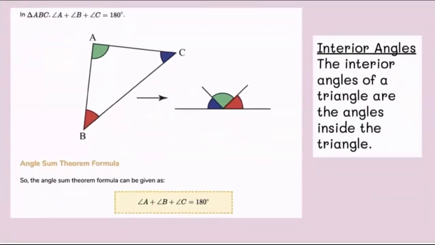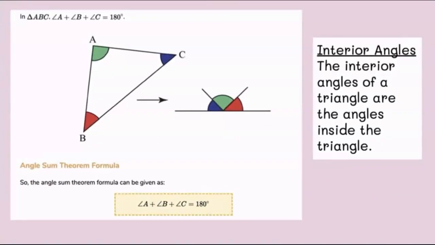So what is the triangle sum theorem? What does this all mean? The interior angles of a triangle are the angles inside the triangle. So these are angle A, the green angle B, the red angle, and angle C, the blue angle.